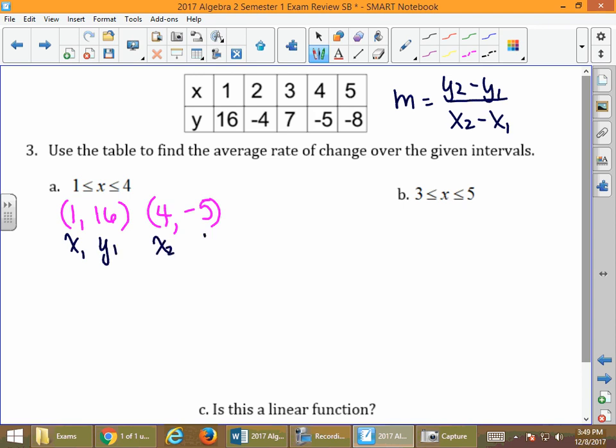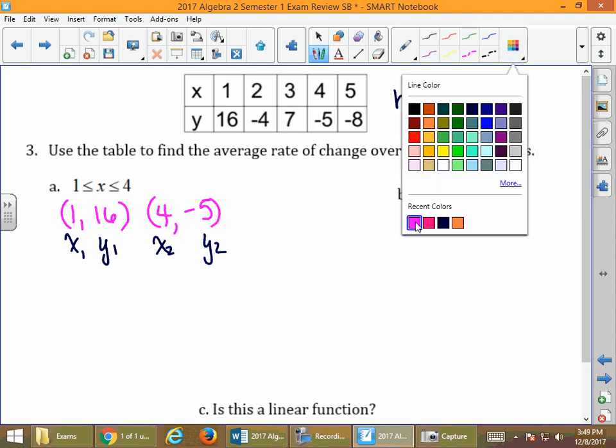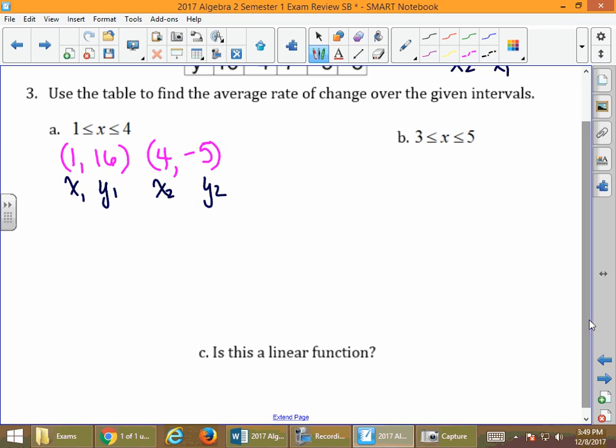Here's x sub 2 and there's y sub 2. Once we have that information, we can put it into our formula to find the average rate of change. -5 minus 16 divided by 4 minus 1. -5 minus 16 is -21. 4 minus 1 is 3. And when we simplify that value, we end up with -7.